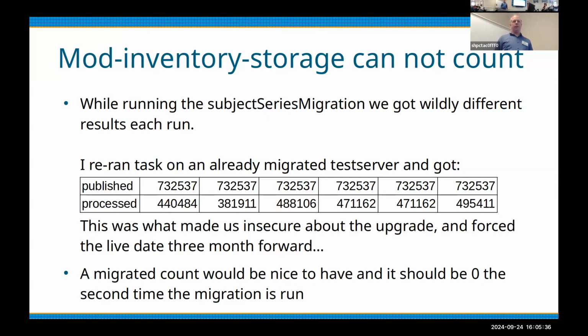That made us very insecure and moved the live date 3 months into the future. It would be very nice if the count would be stable, and if we could have a count of how many items were migrated, because that count is missing. And that should be 0 the next time I run it, hopefully.